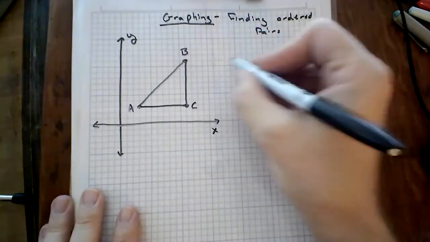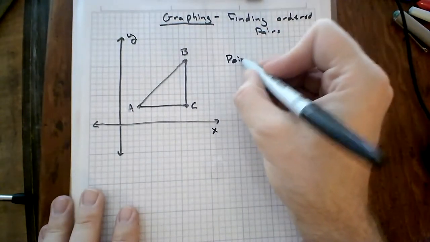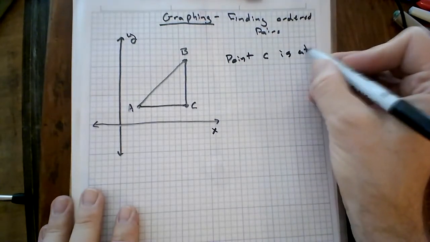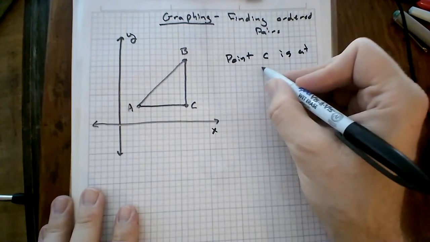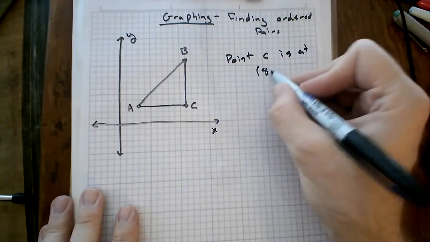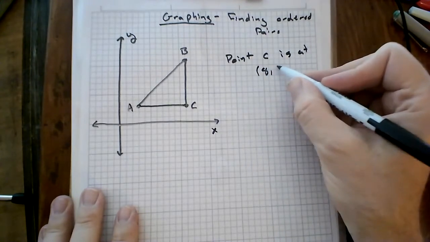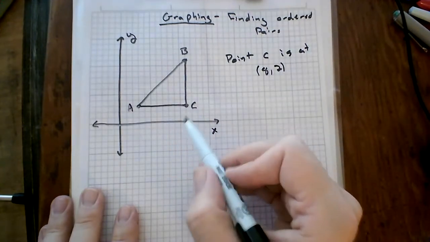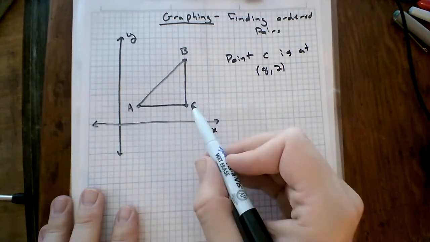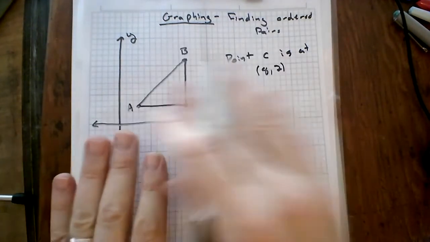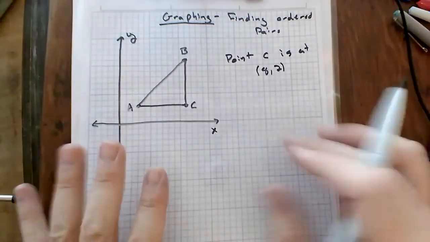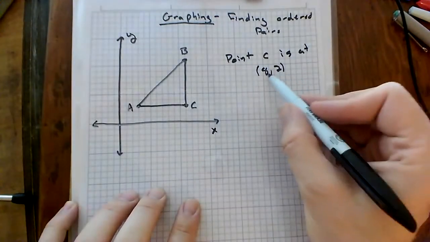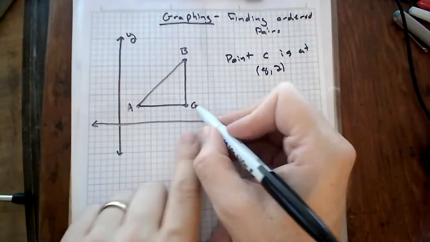And I can say that point C is at 8, 2. Now, I am deliberately being a little bit obtuse here. This is not, in fact, at 8 and 2 here. This is just supposed to be a general thing. So if I say point C is at 8, 2, that means, okay, there's that.